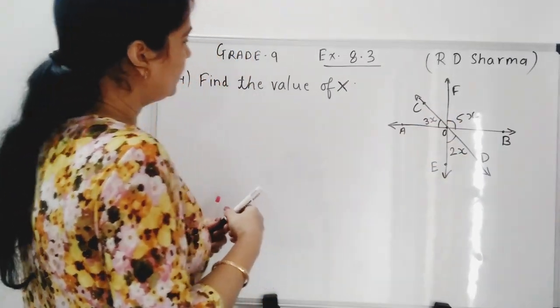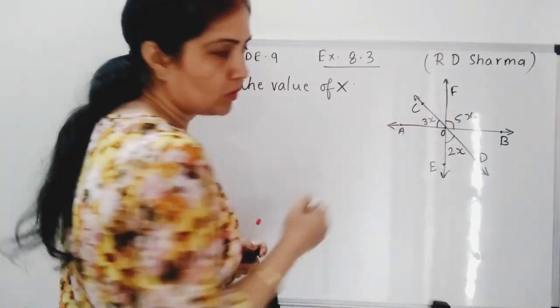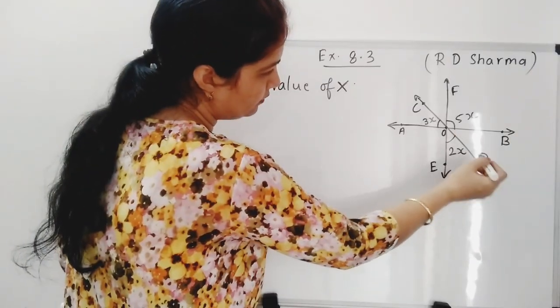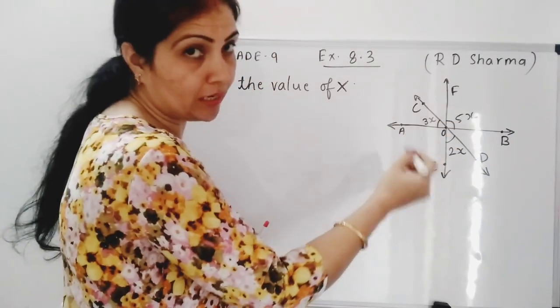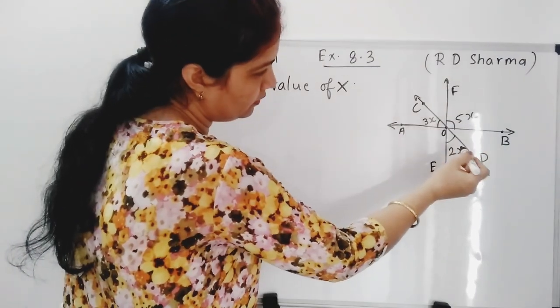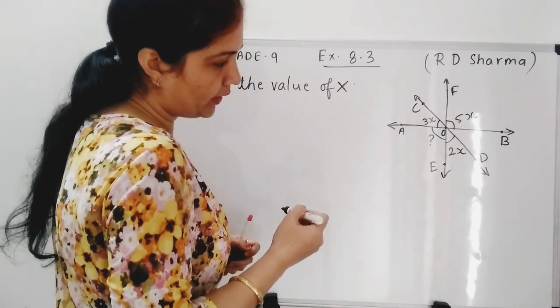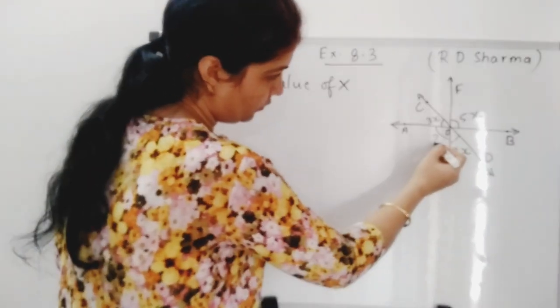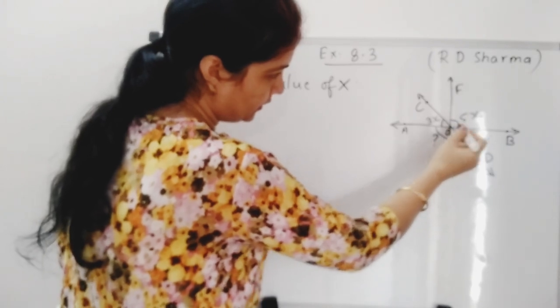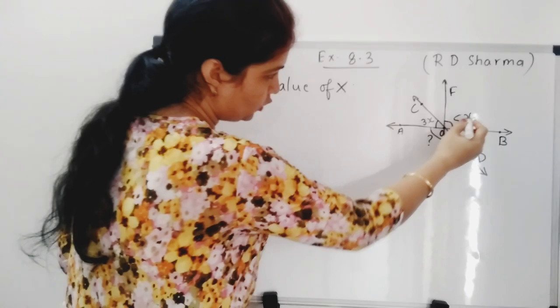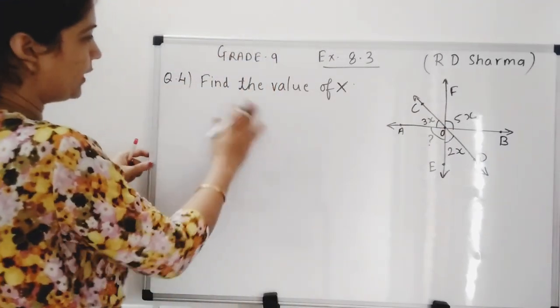We have to find the value of x. If I see this CD line and I have to use a linear pair, one angle is given, and this angle we need to find out. But this angle and this angle are vertically opposite angles. So can I say this is also 5x? We will solve it that way.